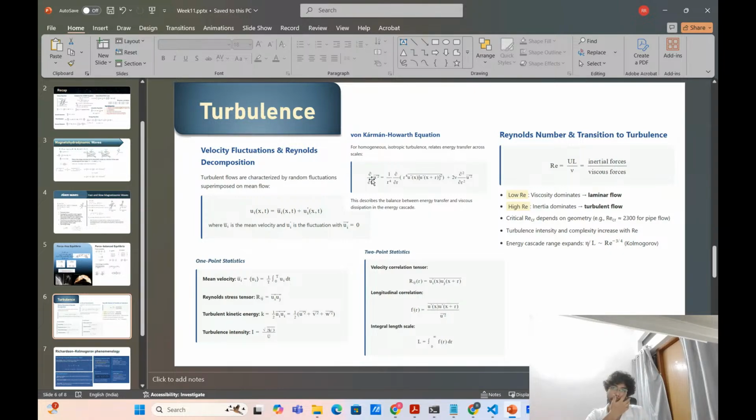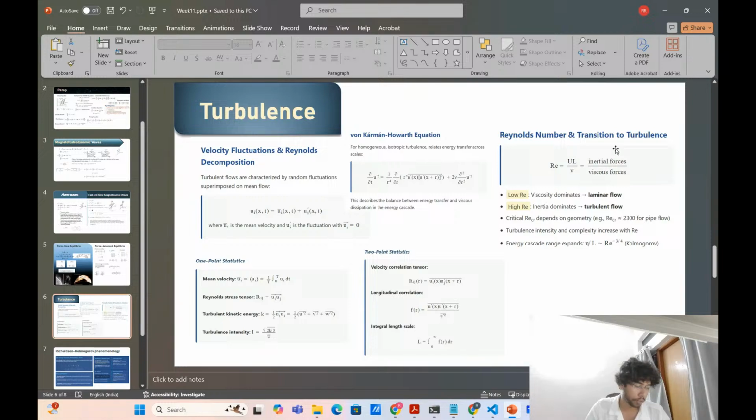The second term tells you about nonlinear effects, or how the energy is transferred between different scales, right? And the third term is how the double correlation function diffuses out. So this term talks about how the energy is getting cascaded into smaller scales, and this term is how the energy is getting diffused out. Okay, so this is the physical motivation of this Kármán-Howarth equation.